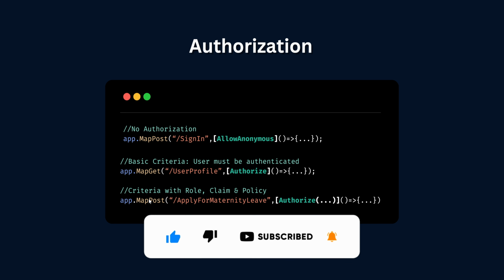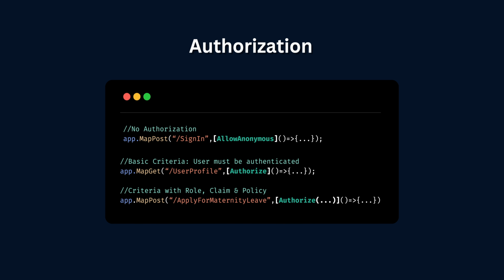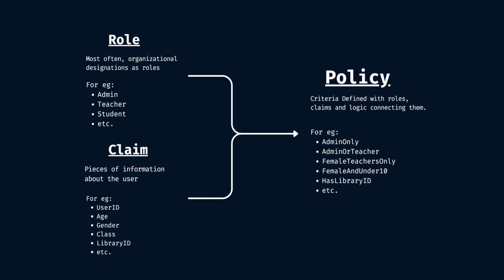Apart from being authenticated to the system, these Web API methods have criteria defined with role, claim, and policy. Now to discuss the rest of the topic of this video, consider we are creating a Web API project for an educational organization. So first of all, we have role. Most often, the organizational designation will be treated as the role. No need to explain much.